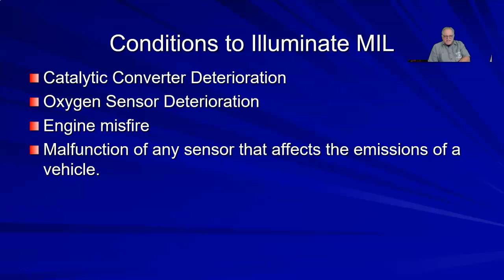Oxygen sensors, because they slowly degrade over time, again, as the oxygen sensor begins to deteriorate, when it gets to that point of exceeding the federal standard by 1.5 times, they have to set the DTC. They're also monitoring engine misfire. And this is going to be a continuous monitor where they're, for the most part, watching it all the time. And then the comprehensive component, this is any sensor that will affect emissions.